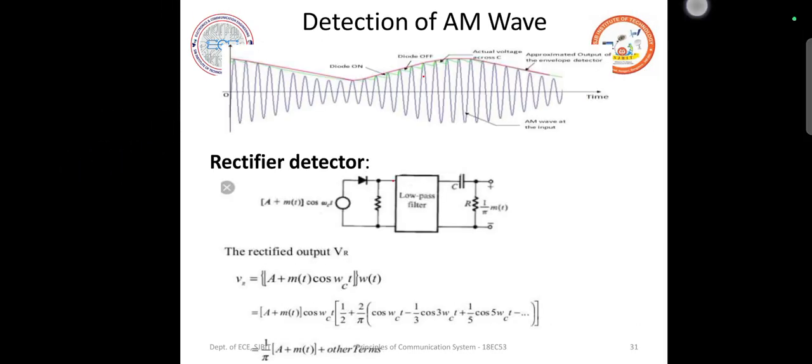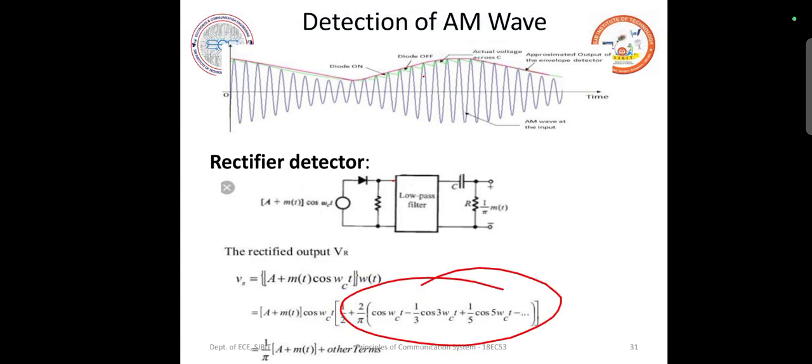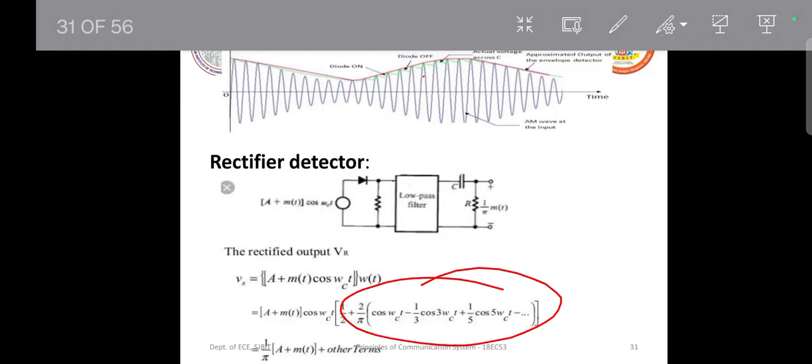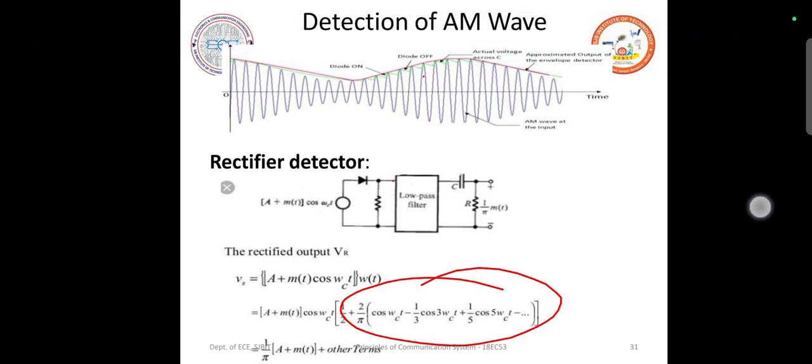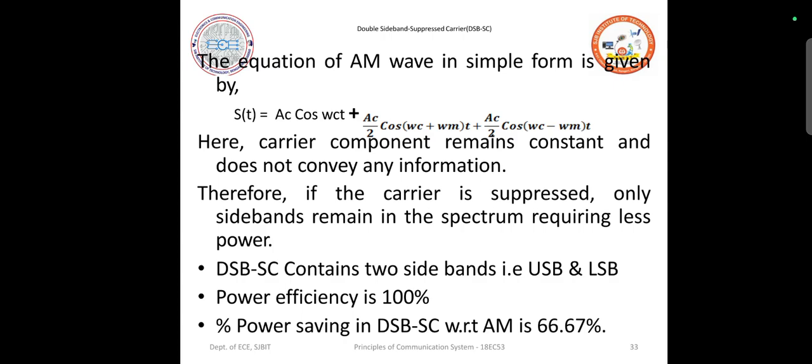Later on what you will have is 1 by pi into a plus m of t and all other higher order terms, which all get eliminated through the low pass filter. The same explanation is given even in this case, identical to that of an envelope detector.